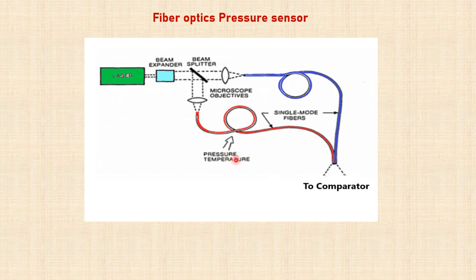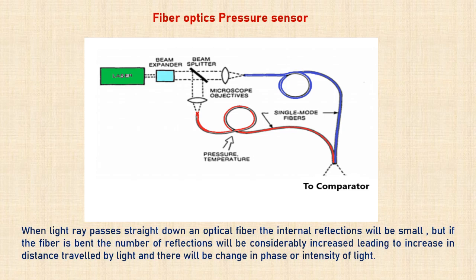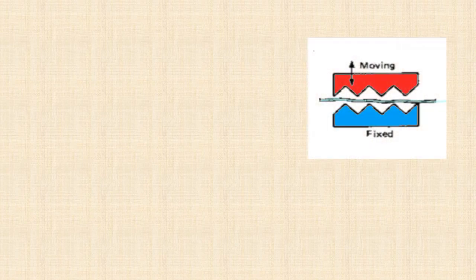Usually in pressure sensors, when you try to apply pressure, we have these corrugated blocks, as we call them. For example, I try to show you in this. These are called corrugated blocks. The sensing optical fiber is sent through these two corrugated blocks.